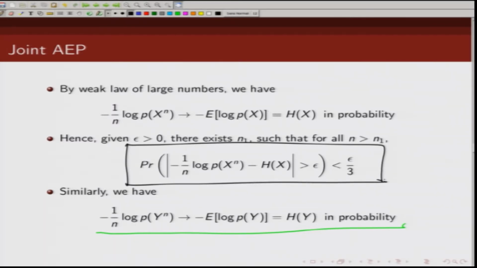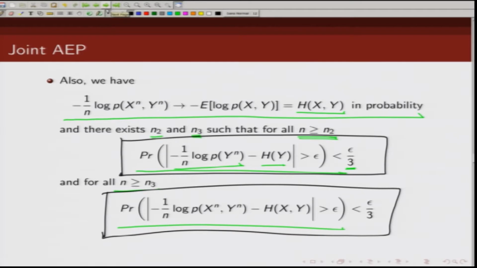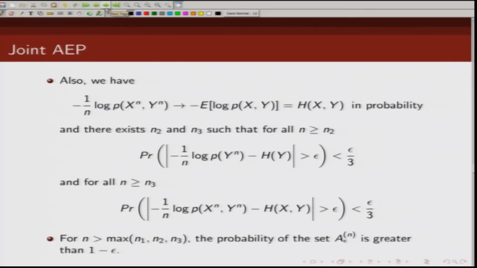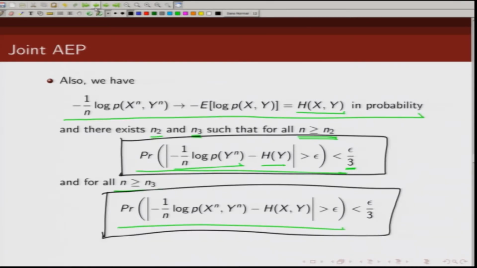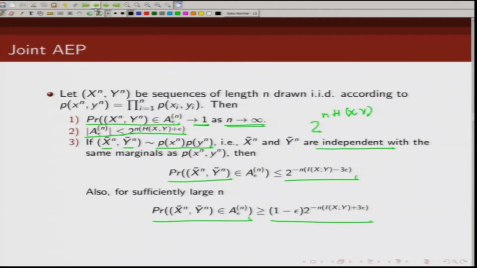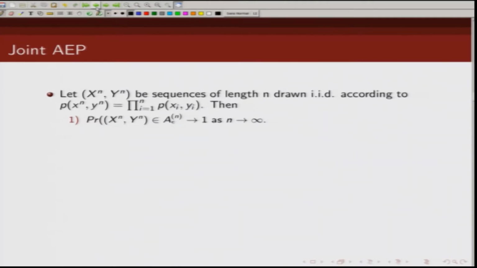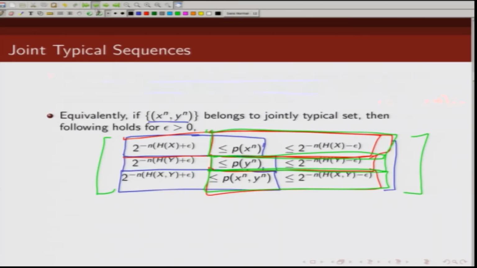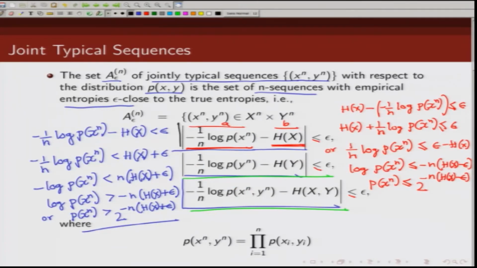If we combine these three conditions, what we get is that the probability of this jointly typical set is greater than 1 minus epsilon for all n greater than the maximum of n1, n2, n3. As we know from the property of the joint typical set, these three conditions have to be satisfied.